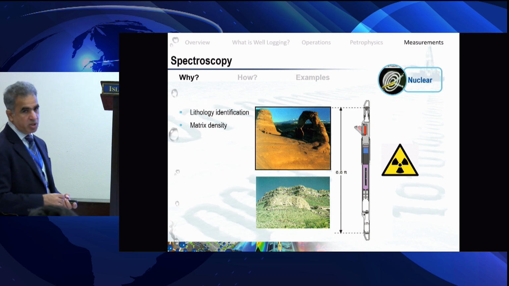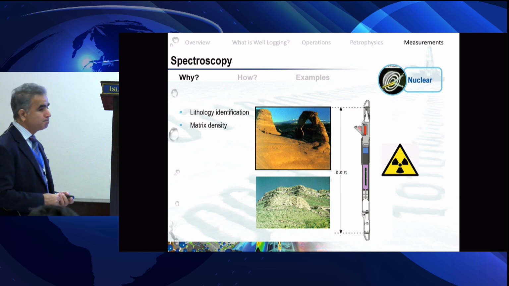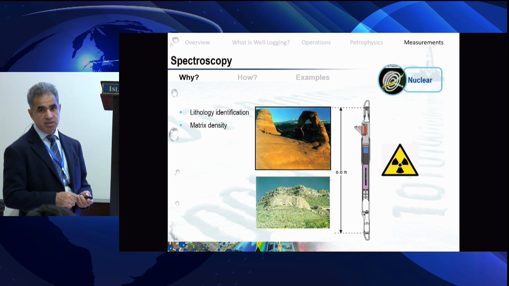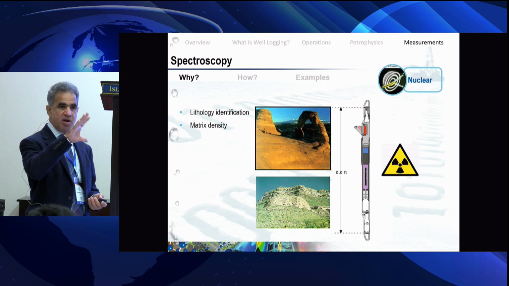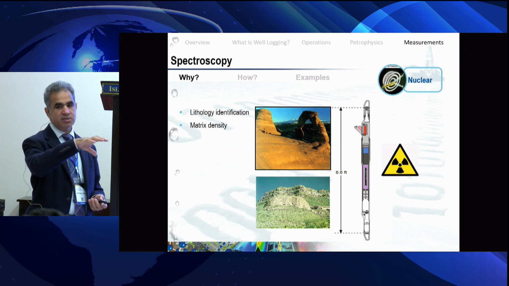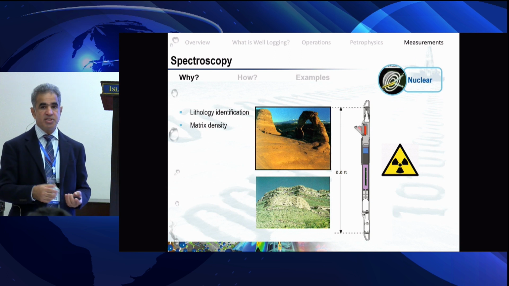So spectroscopy now, the next one in nuclear. Spectroscopy mainly helps you to define different mineralogies. If you identify formation value, your first focus is mineralogy, lithology, porosity, and saturation. This is the sequence. Complex mineralogies are always there.